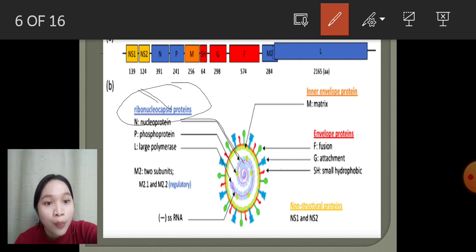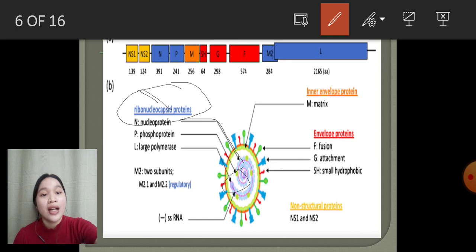The phosphoprotein is the green colored one. The large polymerase, yung malaking colored na parang siya at the end of the RNA. Makikita siya at the end ng RNA chain. And the M2 subunits M1 and M2.